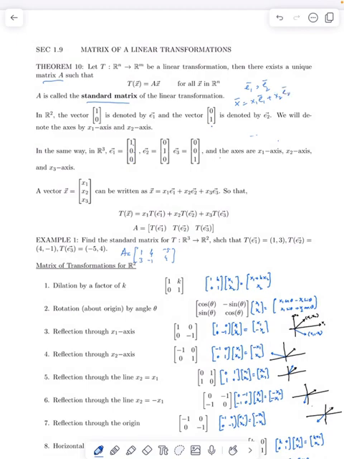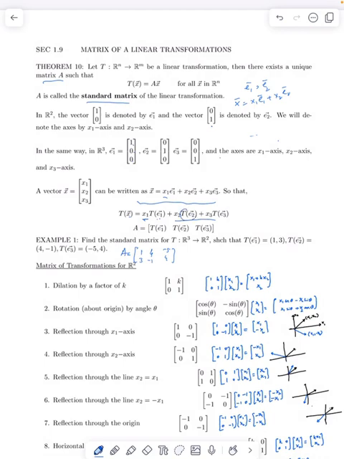In the same way, any vector in R3 can be written as x1 E1 plus x2 E2 plus x3 E3, and so on. Now if I have T of x, then T of x will be x1 T of E1, because we can pull out the x1, which is a constant. We know that the linearity property of T lets us do that. So we can write it like this.